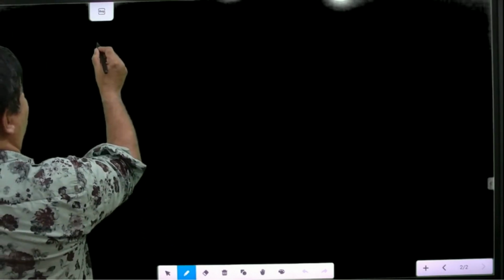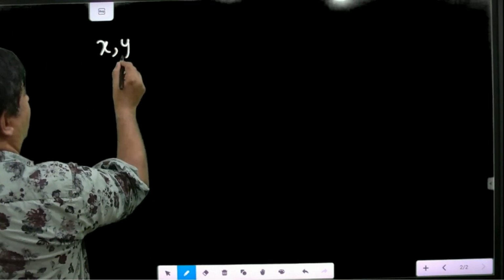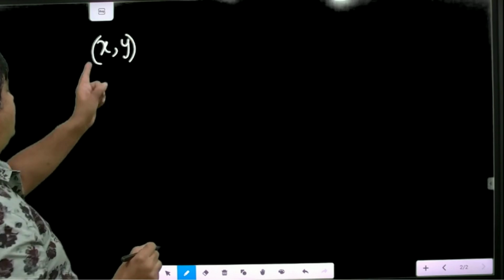Actually, what is vector? Vector is an advanced version of coordinate geometry. In coordinate geometry, you can define a point by the ordered pair x comma y. Now, in coordinates we have some shortcoming. We cannot multiply 2 points in coordinates.